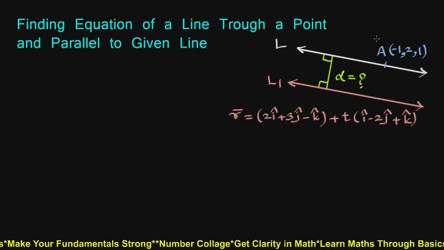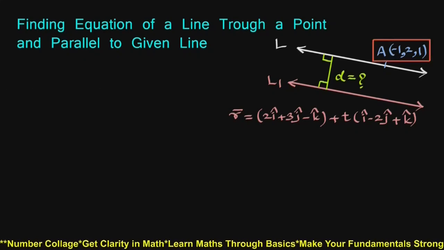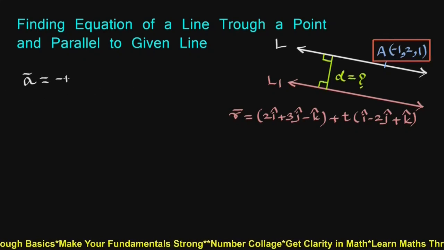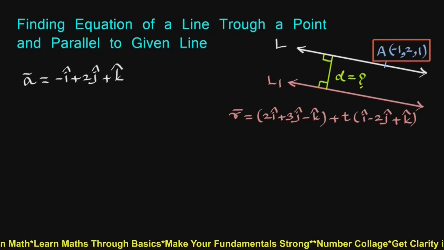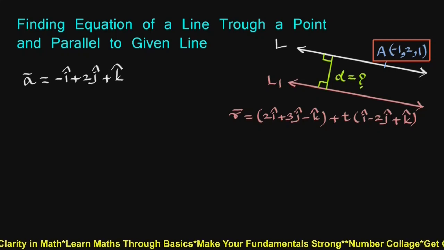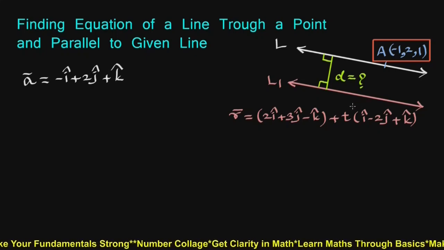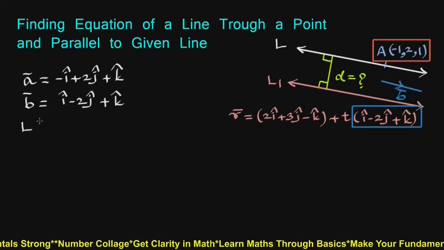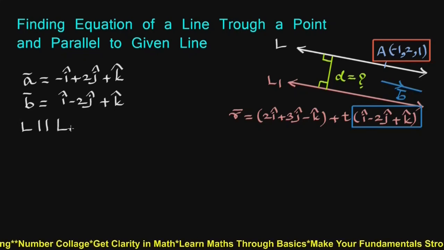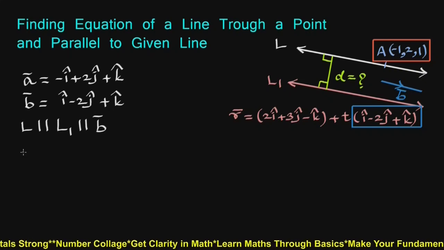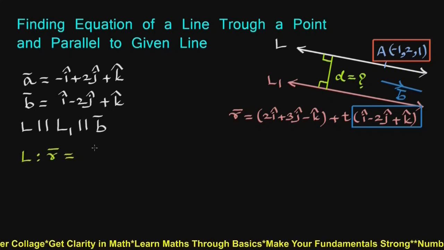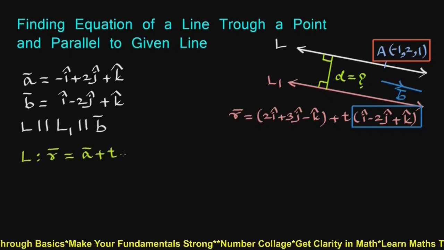Line L passes through point A, therefore a bar is minus i cap plus 2 j cap plus k cap, and for line L1 the parallel vector is b bar. It is given L is parallel to L1, parallel to b bar, therefore the required equation of L will be r bar equals a bar plus t b bar.